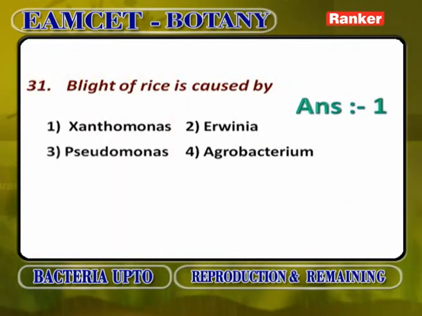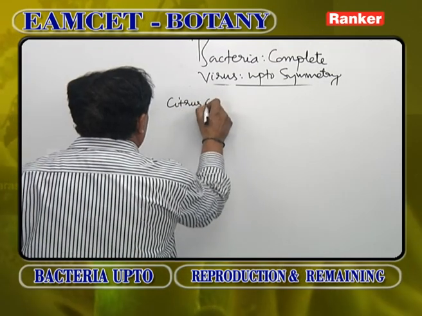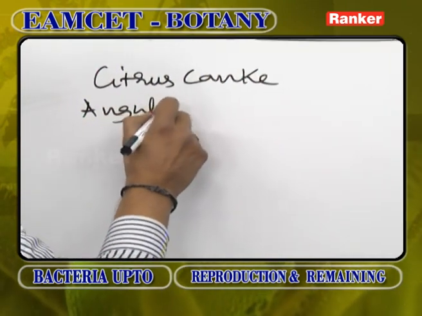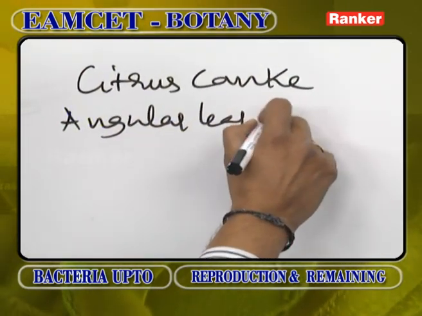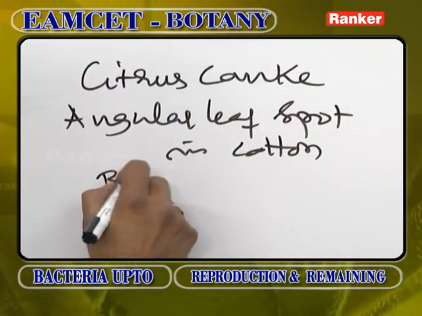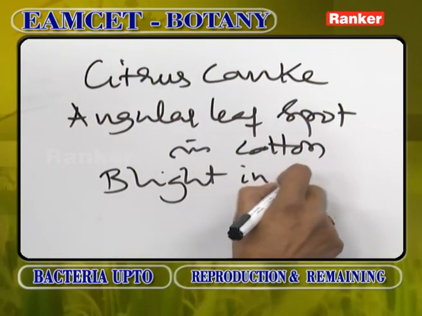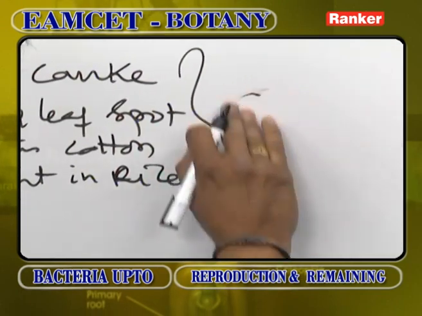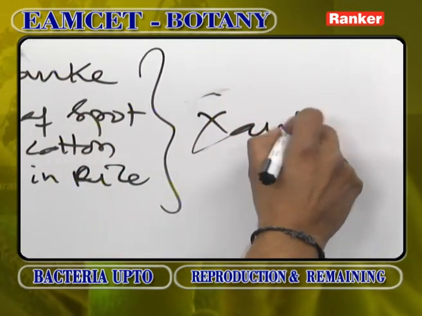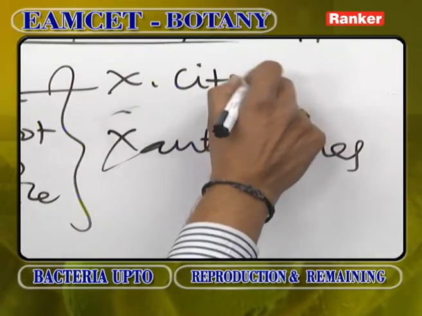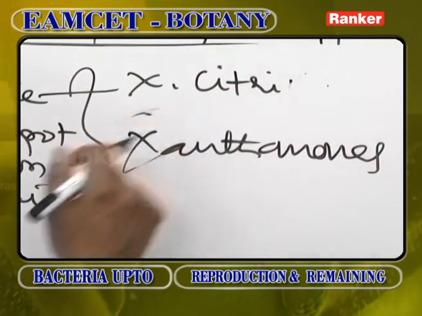Blight of rice, citrus canker, and angular leaf spot in cotton are all caused by a single genus, Xanthomonas. Citrus canker is caused by Xanthomonas citri.